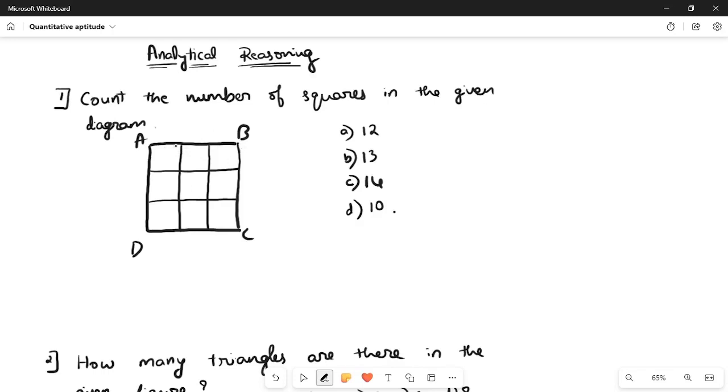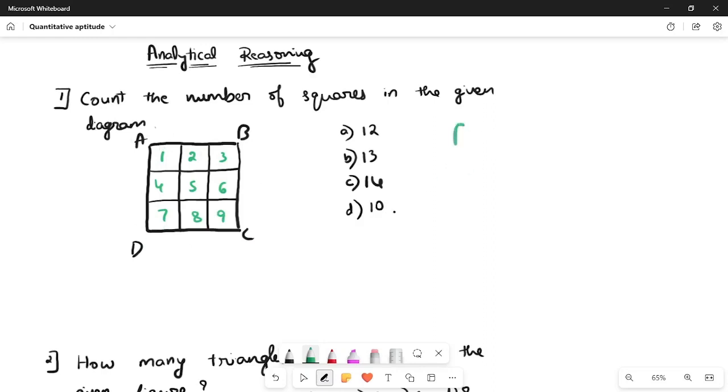Here this is a complete square, and in the square there are a few more, and I want to count how many squares are there. Basically we can count the basic squares: 1, 2, 3, 4, 5, 6, 7, 8 and 9. These are the squares inside A, B, C, D.